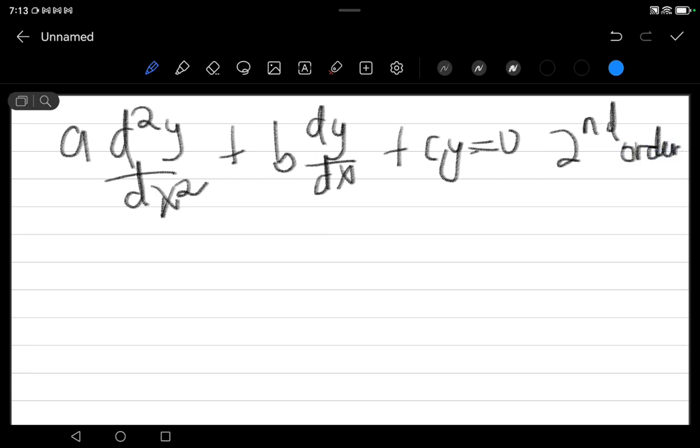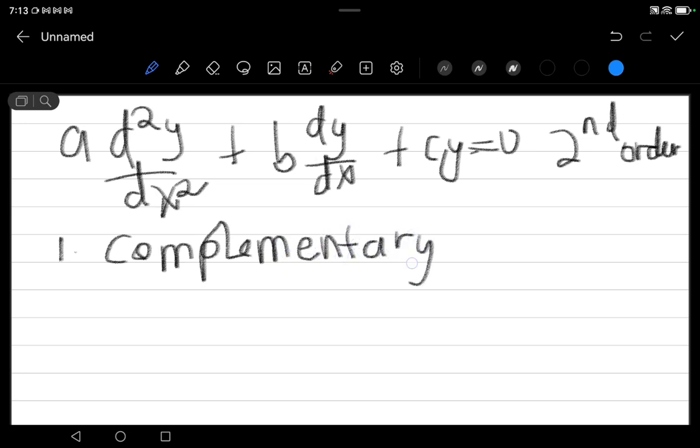Okay, and then the main reason here under homogeneous and non-homogeneous equations is to calculate the complementary function. This is the main objective, to find the complementary function, which is YCF.